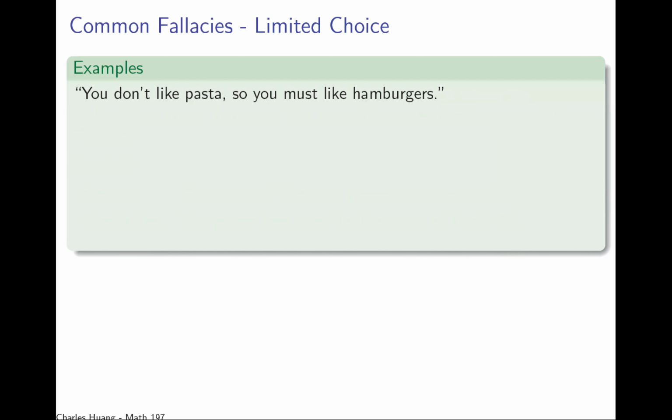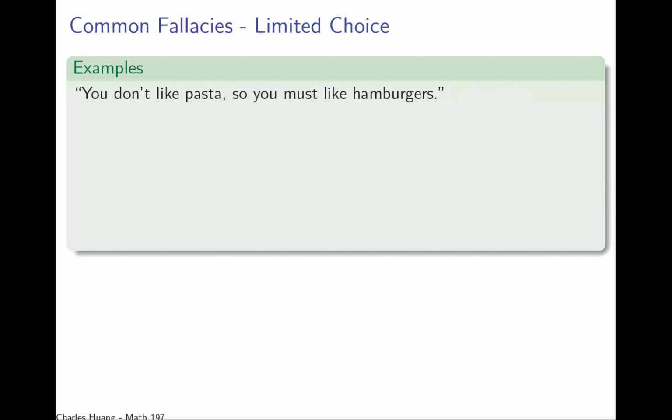So what you have seen so far is that we have introduced different types of fallacies. And what you have to be able to do is see an argument and tell me which type of fallacy it is. In this case, our example argument is: you don't like pasta, so you must like hamburgers.